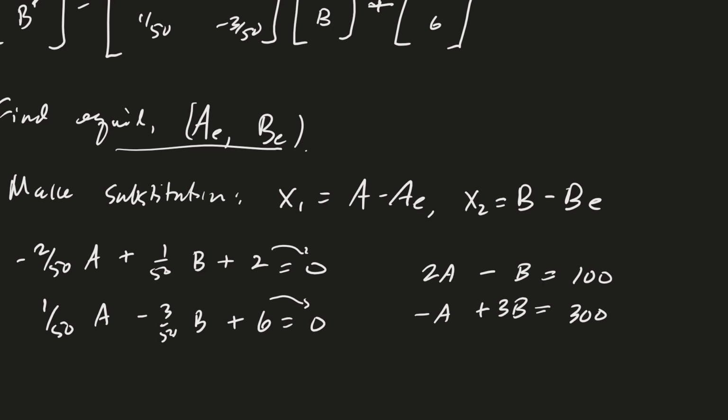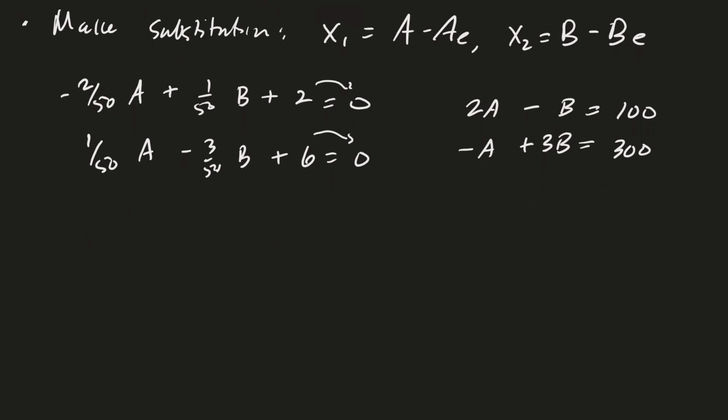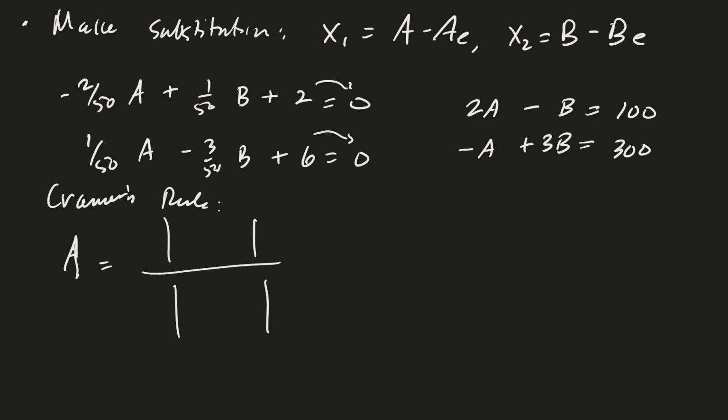Now it depends on your favorite technique for solving this system. If you want to use Cramer's rule, you can. Just for fun, let's go ahead and write down what it would be for Cramer's rule. We would have that A is equal to, can you write down our determinants here? The determinant with rows 100, minus 1 and 300, 3, over the determinant with rows 2, minus 1 and minus 1, 3.